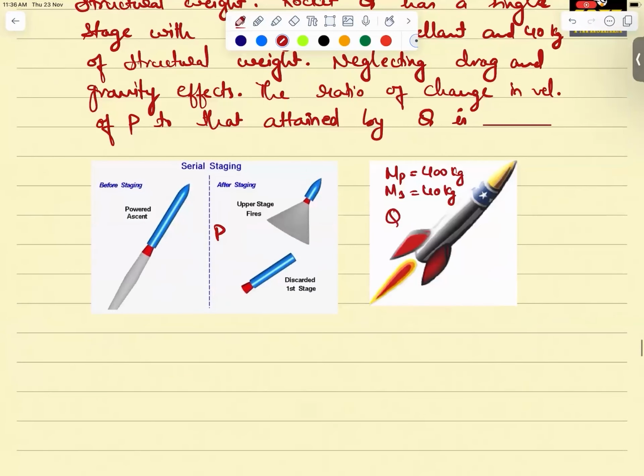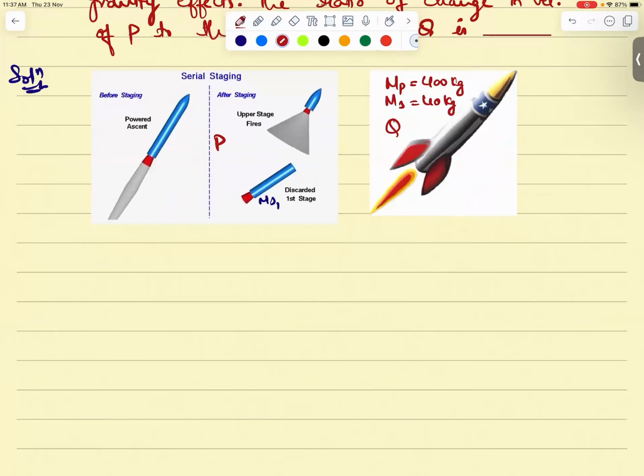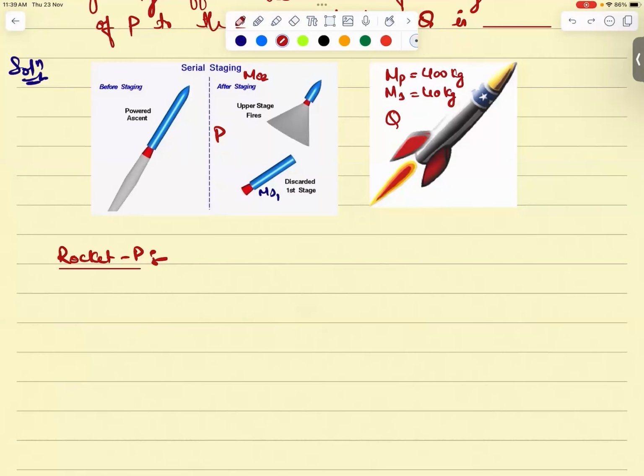So let's solve first for rocket P. This discarded mass will be the structure of 1, and the propellant mass has to be subtracted. First you write rocket P. Before staging, the initial mass is m01.